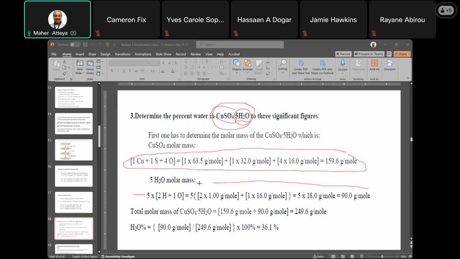90. You add up the whole thing and it will give you the molar mass of the whole molecule. Here it is, the whole molecule molar mass. H2O is 5 of them, 90, correct? 18 multiplied by 5 is 90, and then just 90 grams per mole divided by the whole molar mass, including the 5 H2O, multiplied by 100 will give you the percentage of H2O.